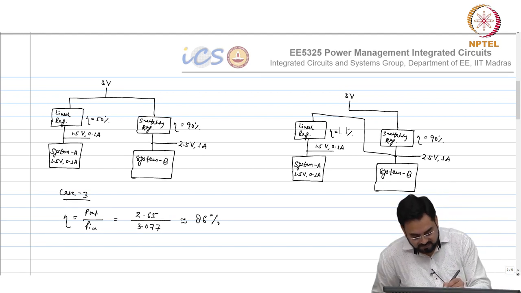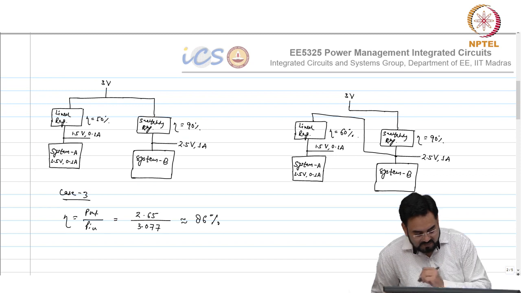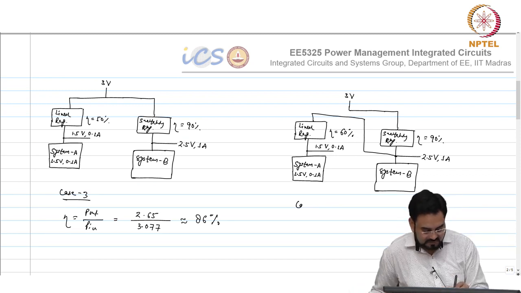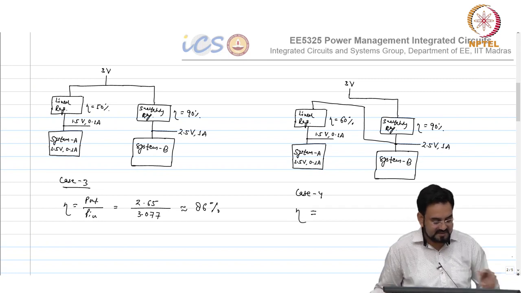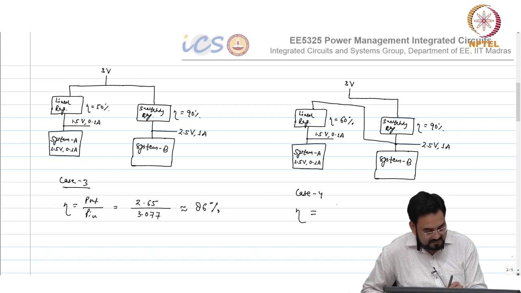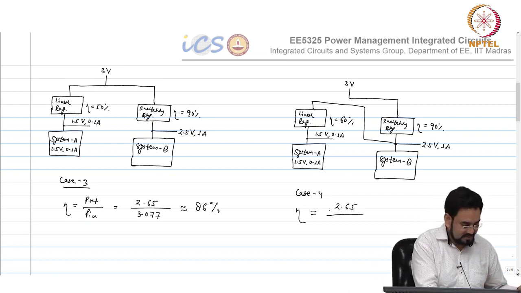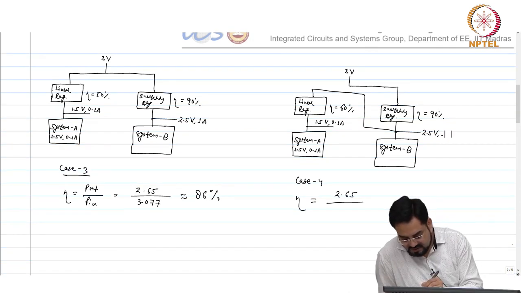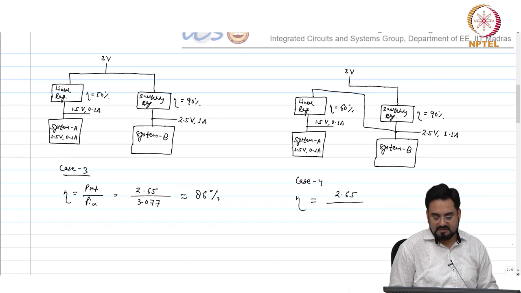Okay. This is case 4, and now let us calculate the efficiency here. Output power remains the same, 2.65, divided by, so this current will change now, which will become 1.1 amp. Okay.